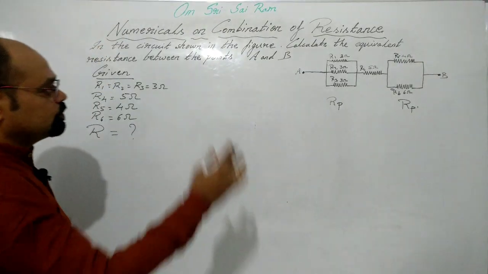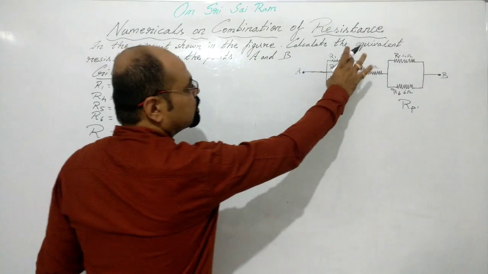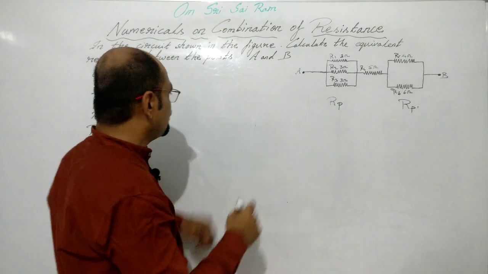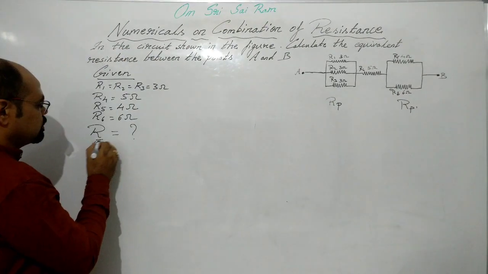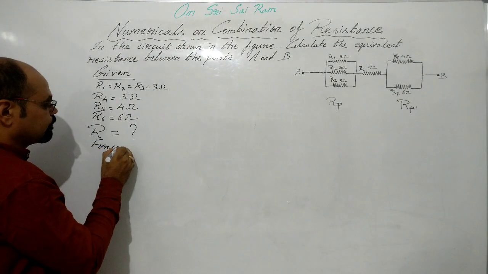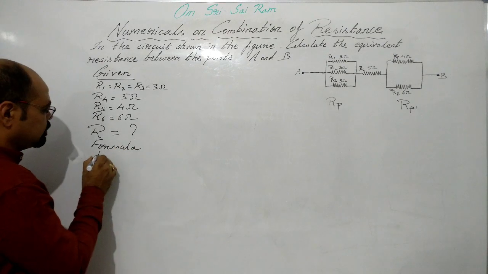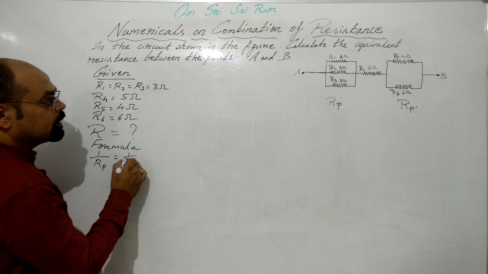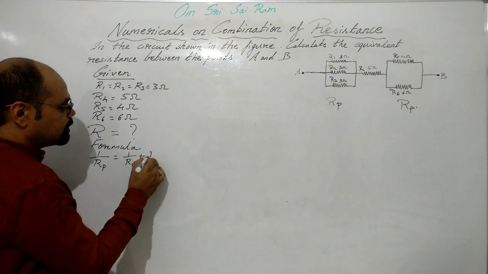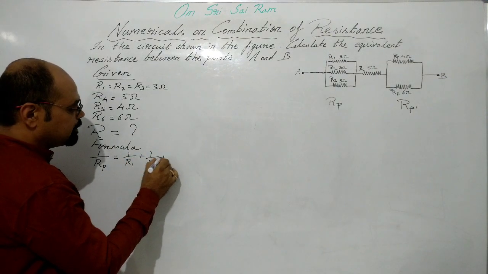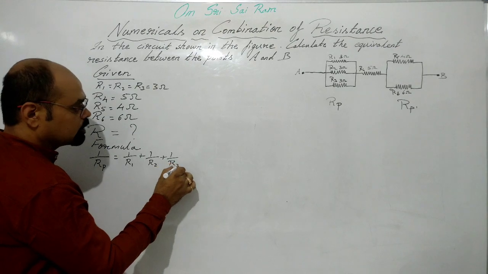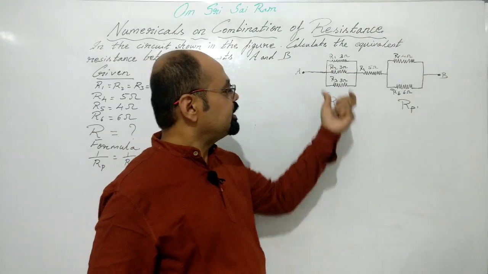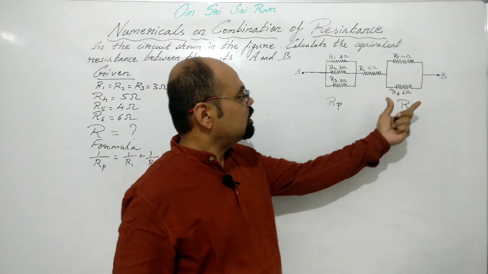Now we know that these 3 resistors are connected in parallel, so the formula to calculate is 1 by Rp is equal to 1 by R1 plus 1 by R2 plus 1 by R3. This is the formula for these 3 resistors which are connected in parallel.